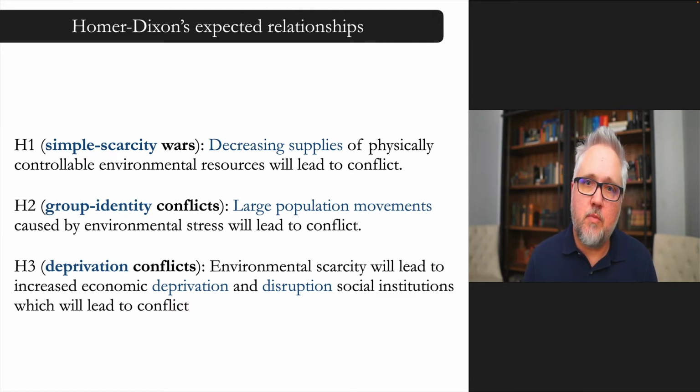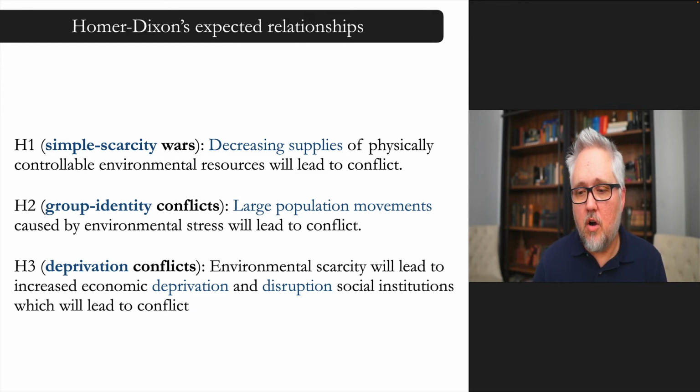But as I mentioned before, this huge move towards urbanization that we saw in that video earlier today, the movement often due to the fact that labor is no longer needed in the agricultural land, can cause a group identity related conflict because of that movement of people. And then deprivation conflicts.